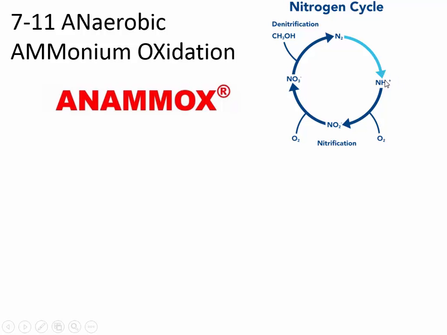But then the rest of the process, from NH4 to nitrite, nitrite to nitrate, and then nitrate to nitrogen, was the wastewater reaction. In the nitrification process, there were some bugs in the aerobic reactor that were taking ammonia to nitrite, and then still aerating more, taking the nitrite to nitrate.